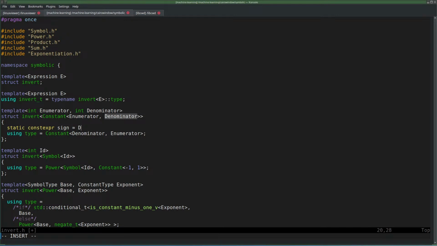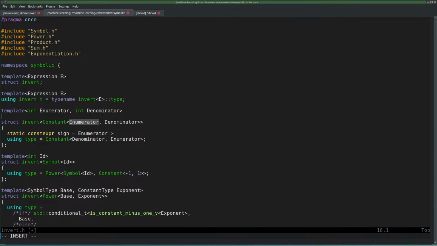The enumerator is always positive. Enumerator can also not be 0, by the way. But well, let's assume that is not the case. No, actually I can add a requires for that maybe.